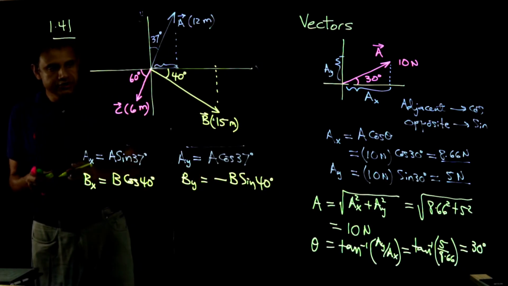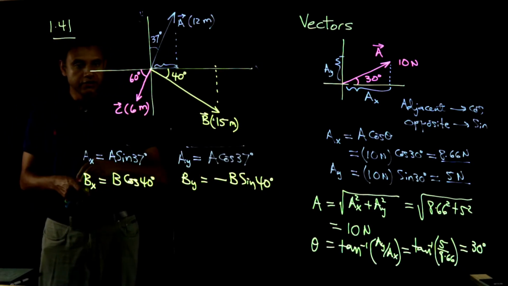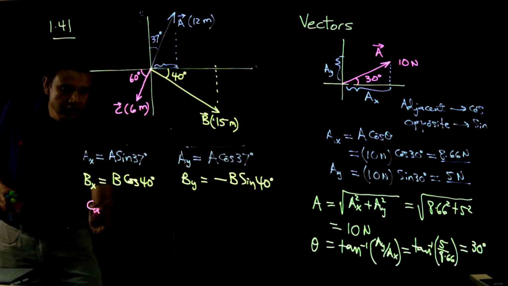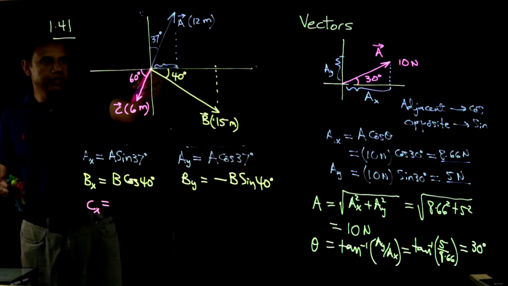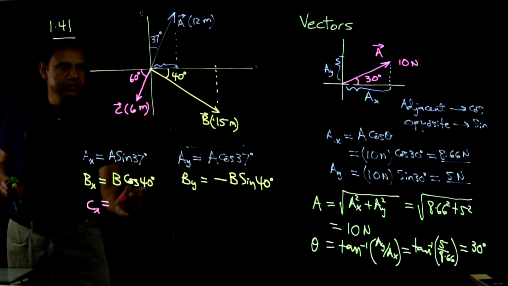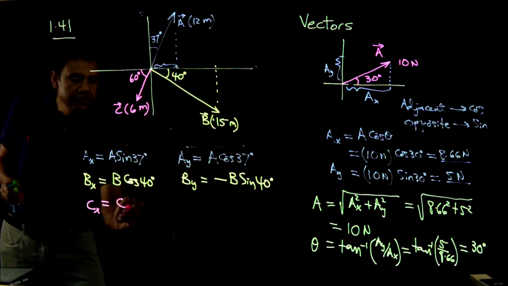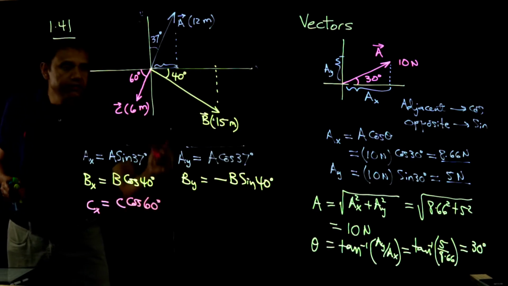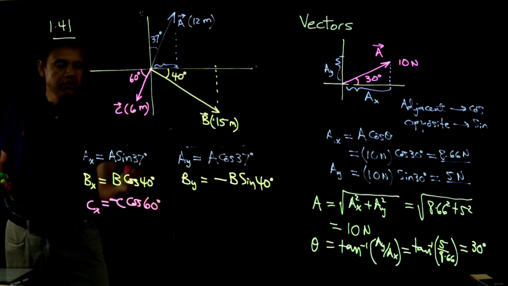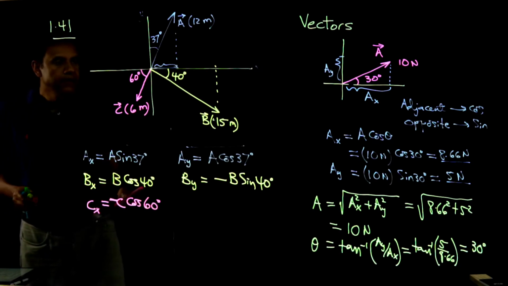Okay, so let's do the last vector, which is C. So Cx equal to, so x component, so I have to bring this here, so that's the adjacent component. So Cx is C times cosine 60, but this is pointing in the negative direction, so I have to write the negative sign there. Okay, like that.